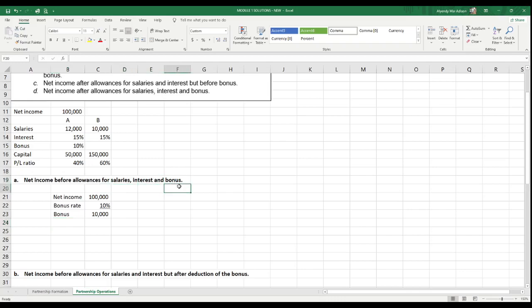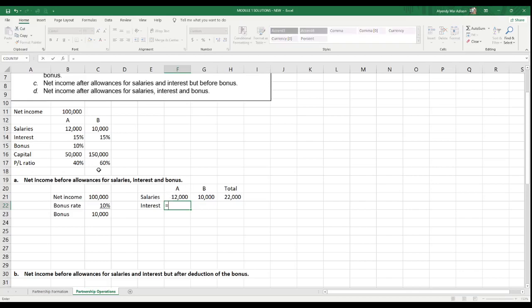Now, how are they going to distribute the income then? Let's have their profit distribution table. We have A, B, and the total. First, we will allocate the salaries. The salaries are 12,000 pesos and 10,000 pesos with a total of 22,000 pesos. Now, we also have the interest, and the interest is 15% respectively.